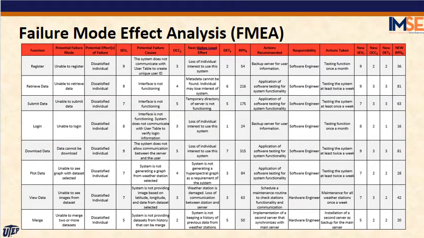So this is the table for all failure mode effect analysis. We have the functions. The first one is the register. Some of the potential failure mode will be unable to register, and the effect of this failure will be dissatisfied individual. The user will be not happy with this situation. That's why the severity is very high. Some of the potential failure causes could be a problem with the communication between the server and the database.